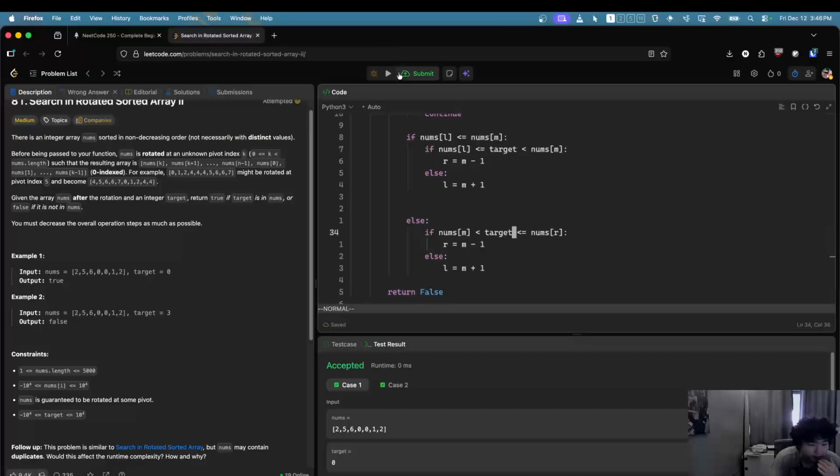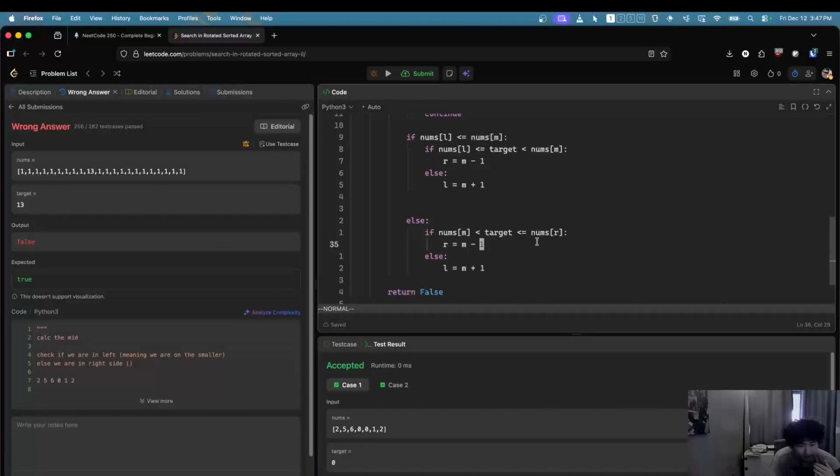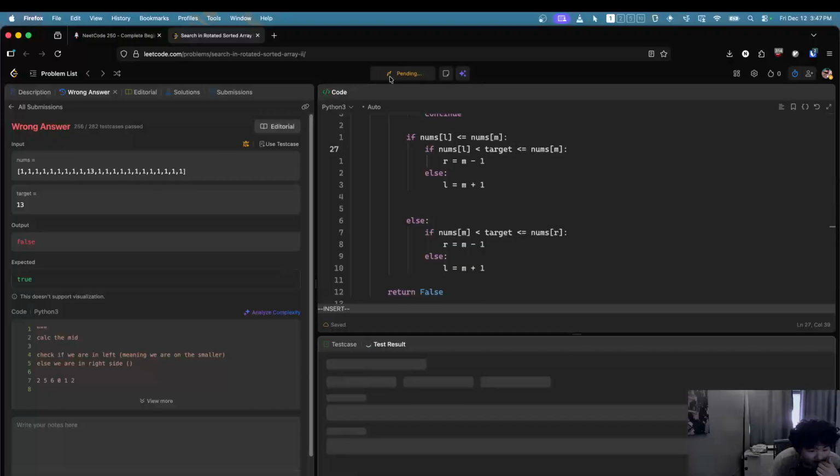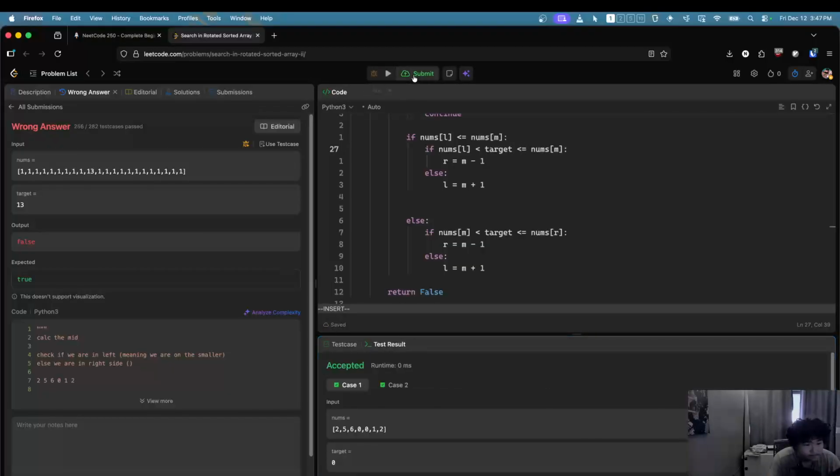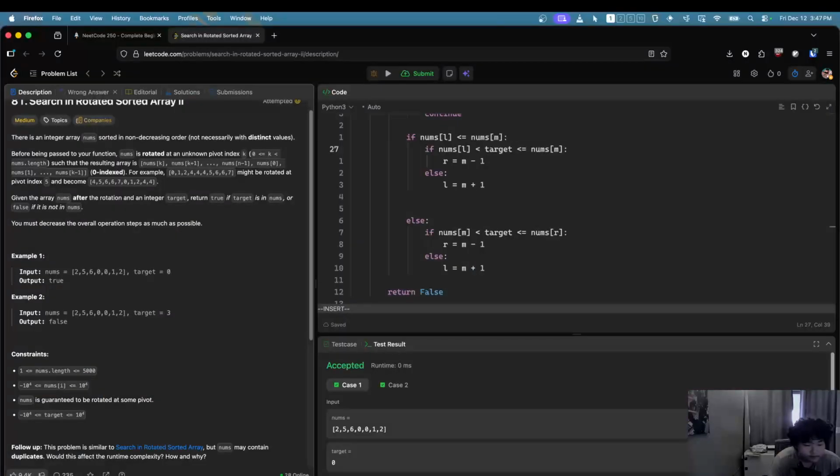Yeah, I didn't like that. Okay, hold on, I'm not understanding something. Can the numbers be equal? Wait, does this even make sense here? Equal to here, less than target. That's fine. I think that's fine.